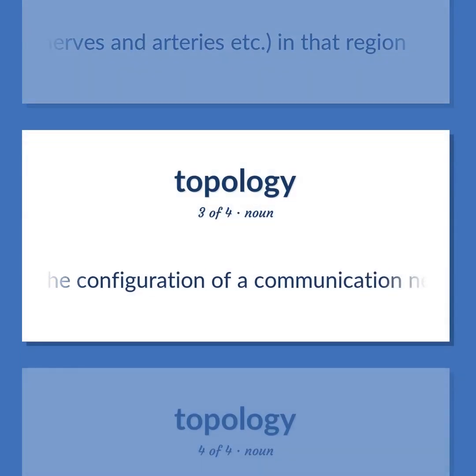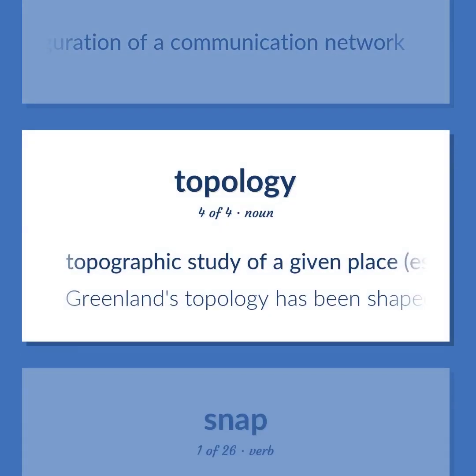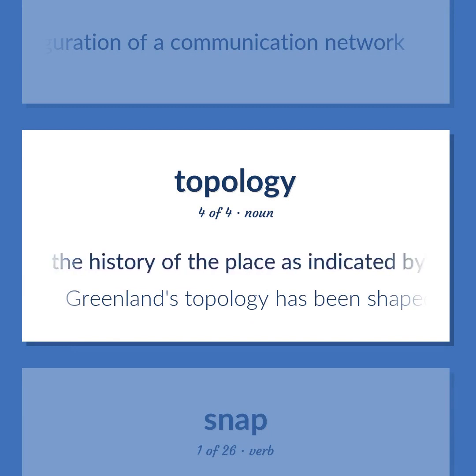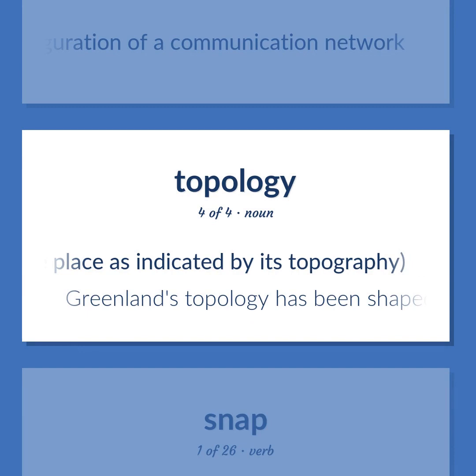The configuration of a communication network. Topographic study of a given place, especially the history of the place as indicated by its topography. Greenland's topology has been shaped by the glaciers of the Ice Age.